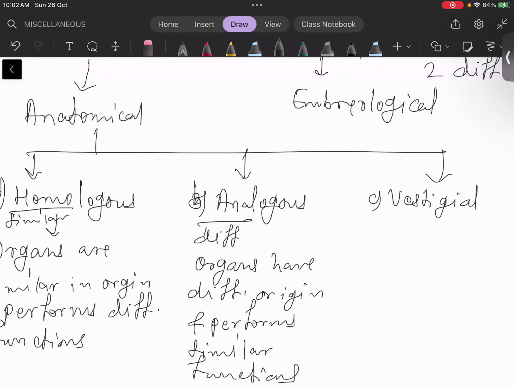Then, what is meant by vestigial organs? Non-functional organs found in an organism that were functional in ancestors.